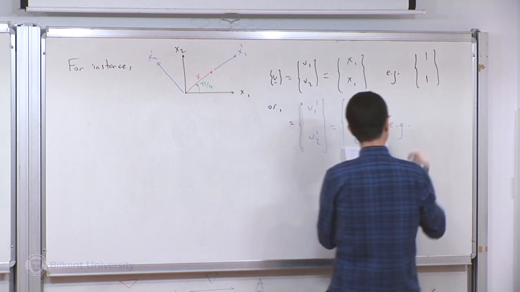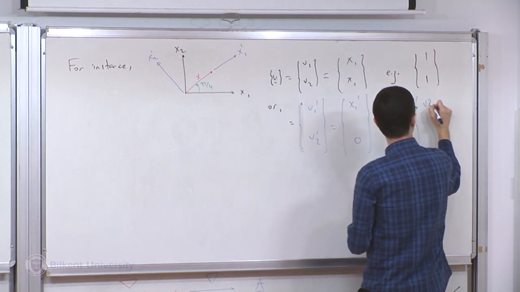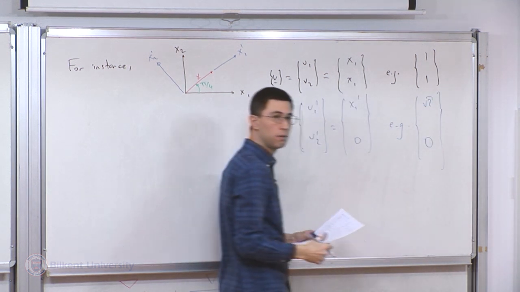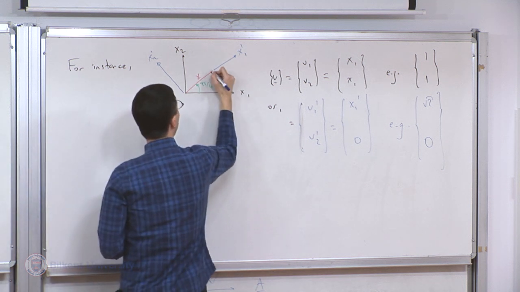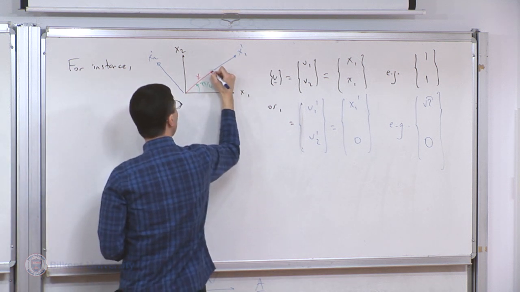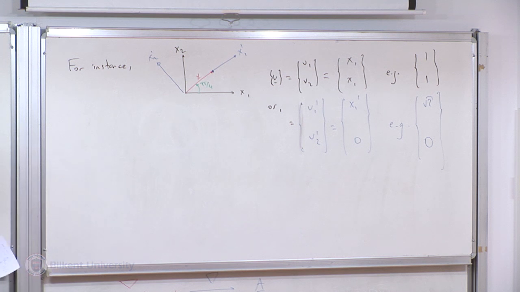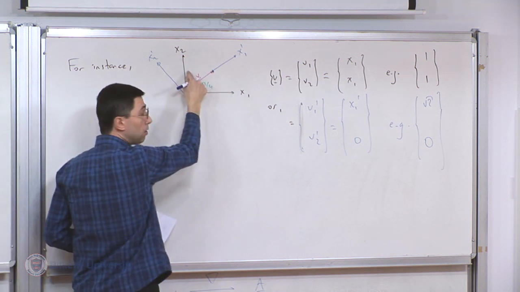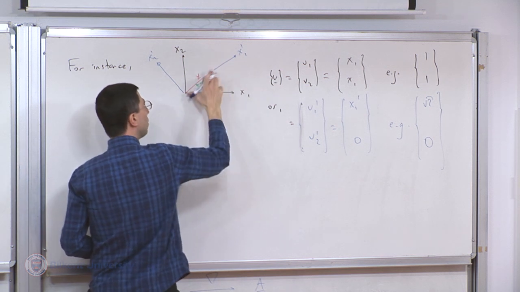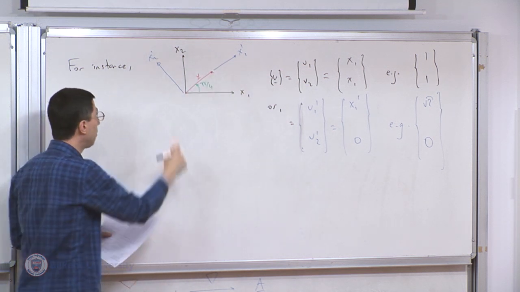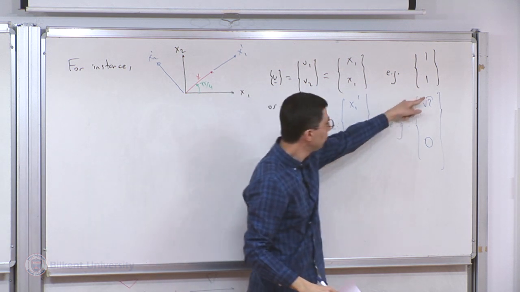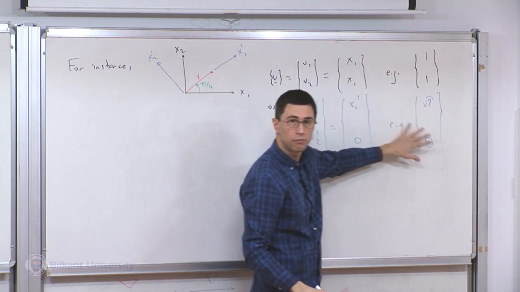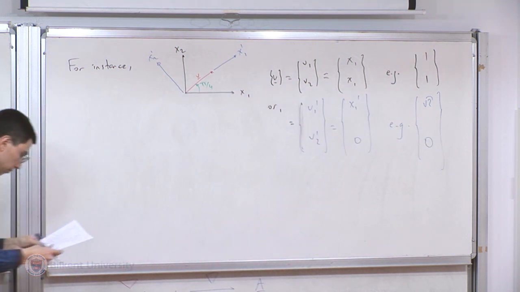So for instance, square root 2, 0. Let's say this is indeed the point I'm at. If this is 1 and that is 1, along that direction, 1, 1, it's square root 2. And the other direction is 0. So that's the example I picked. The components look different, but it's the same vector.